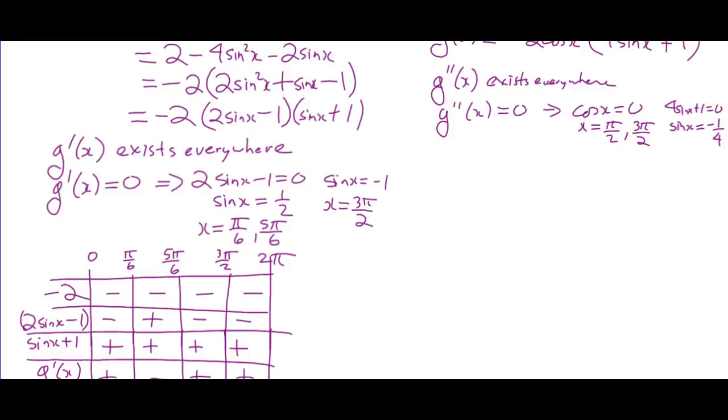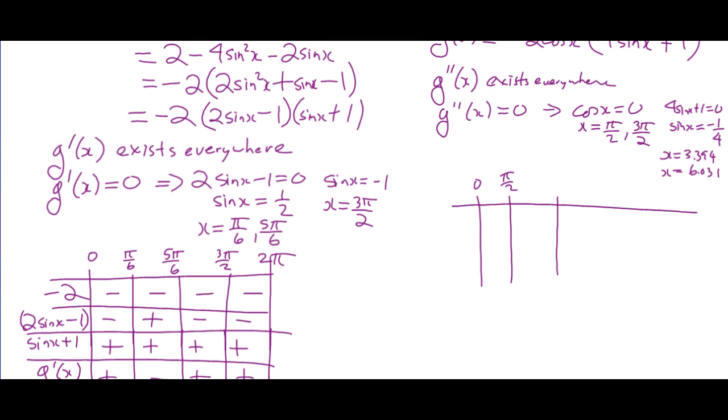So what values of x do give us negative 1/4? x is equal to 3.394, and x is equal to 6.031. That's bigger than pi. So now we want to examine 0, pi over 2, 3.394, 3 pi over 2, 6.031, and 2 pi.